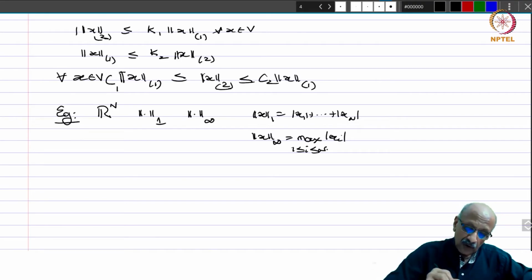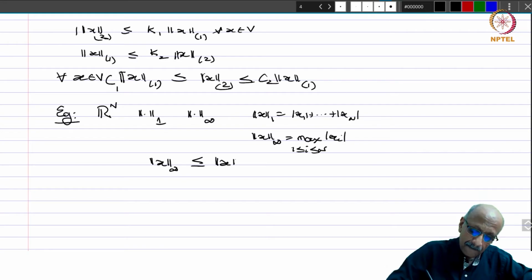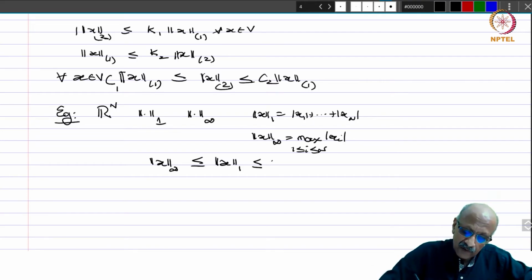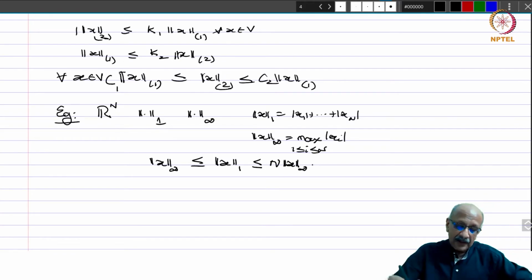And therefore, we have that norm x infinity is certainly less than or equal to norm x1, and norm x1 is less than, so each one is less than the maximum, and so this is less than n times norm x infinity, and therefore these two norms are equivalent.